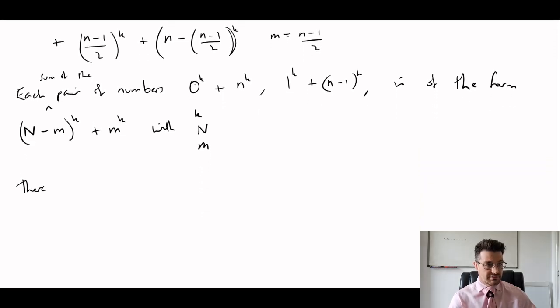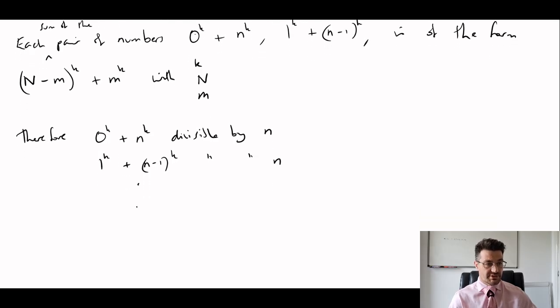Therefore, 0 to the power of k plus n to the power of k is divisible by n, lowercase n. 1 to the power of k plus n minus 1 to the power of k is divisible by n. And if we continue this, we get that (n minus 1) over 2 to the power of k plus n minus (n minus 1) over 2 to the power of k is divisible by n.